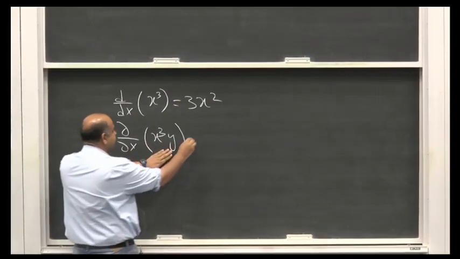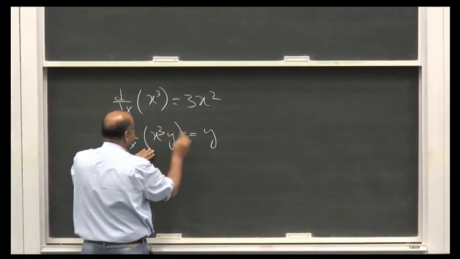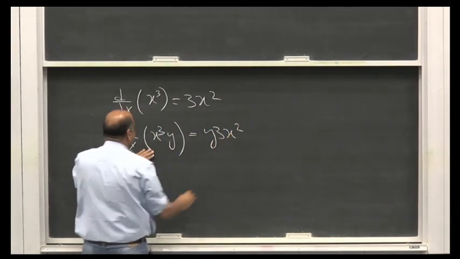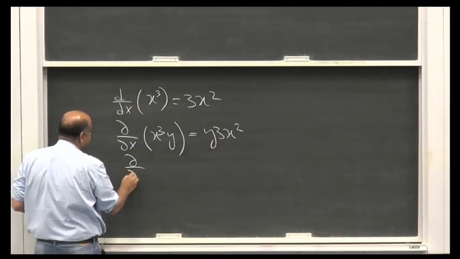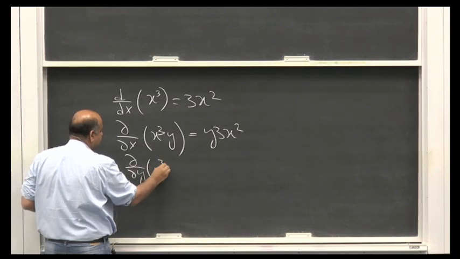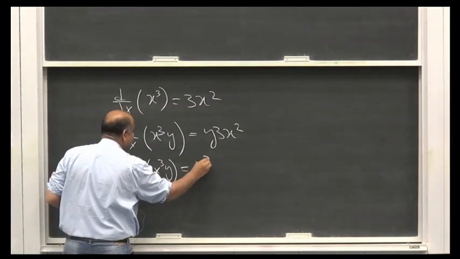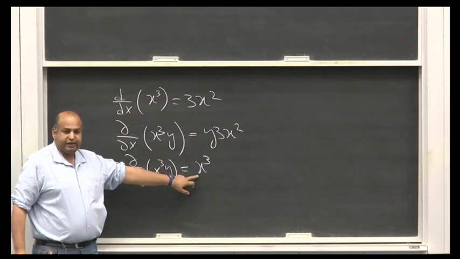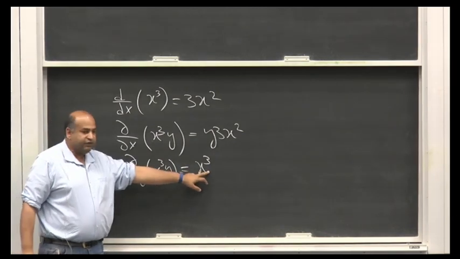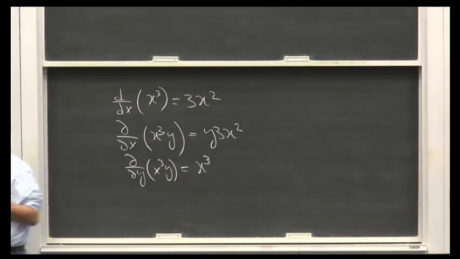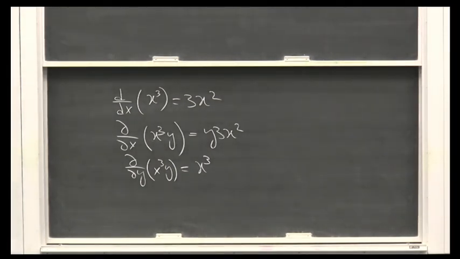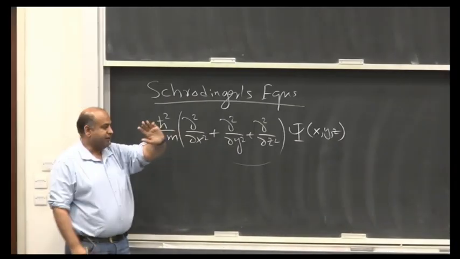So this y remains y, and you take the derivative of x. Similarly, the partial derivative with respect to y of this thing is x cubed, because this is treated as constant and y's derivative is 1. So partial derivative means when you have a function of more than 1 variable, you can find the derivative with respect to each one of them at a time.